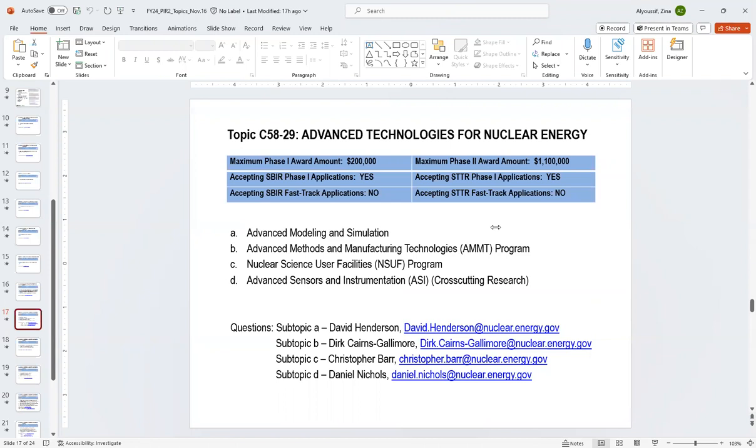I'd really like to see applications that engage industry, meaning nuclear reactor vendors or utilities, but also demonstrate an understanding of the regulatory requirements or expectations that the industry operates under. I will also note that getting access to the computer codes is non-trivial. And so you'll need to look into what's required to do that and make sure that you'd be able to do that and actually execute the project.